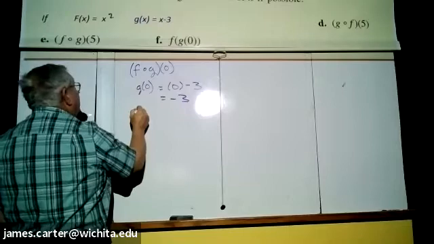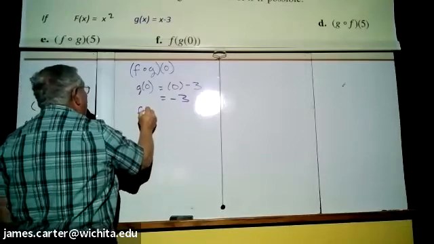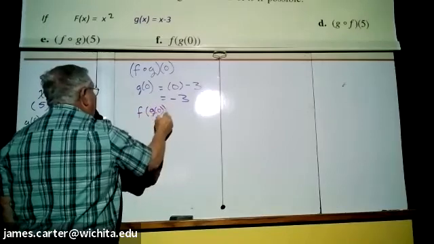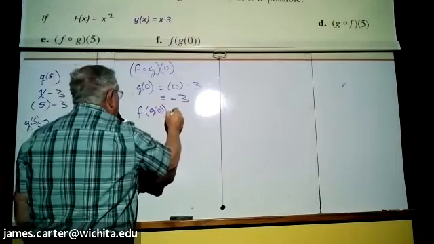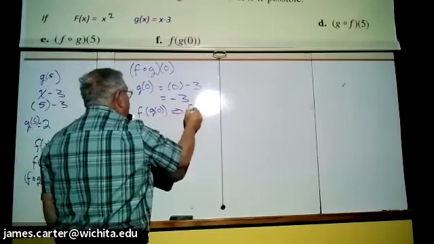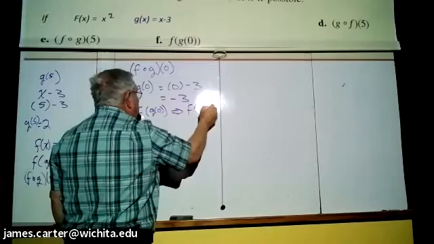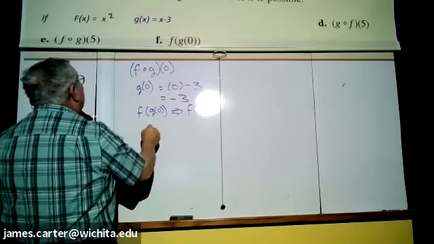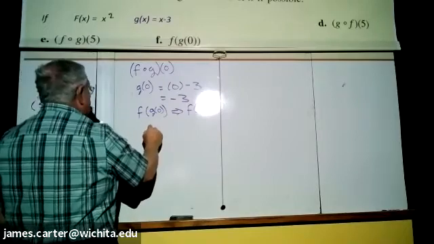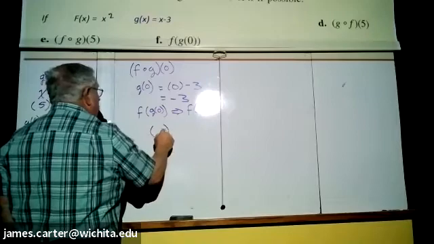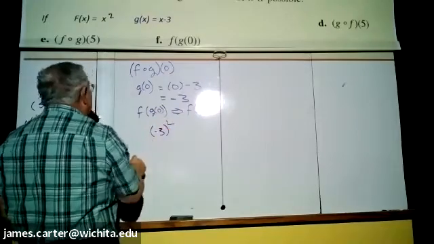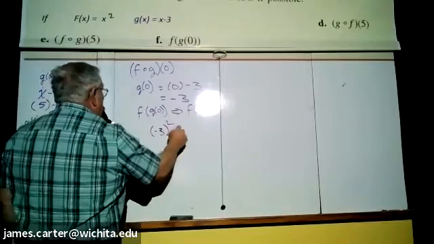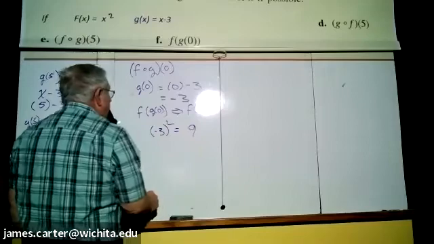So now we do f of g of 0, which is f of -3. Okay. And then that gives us x squared, okay, which is equal to 9.